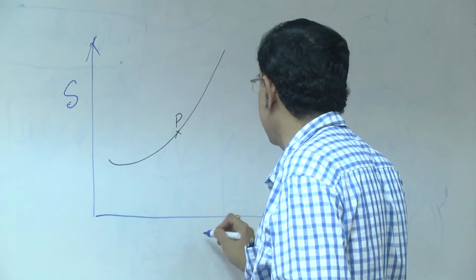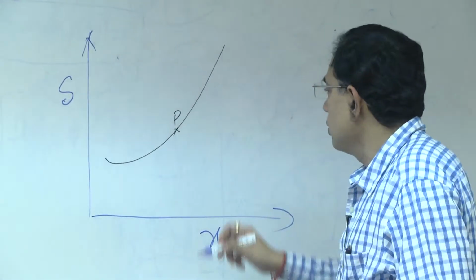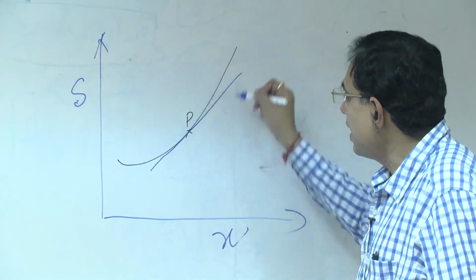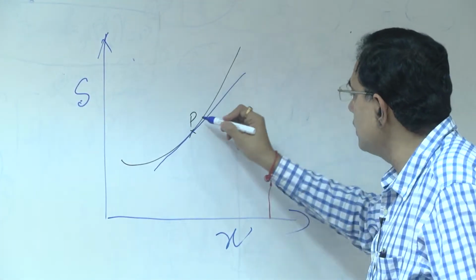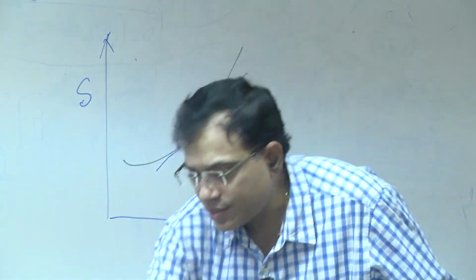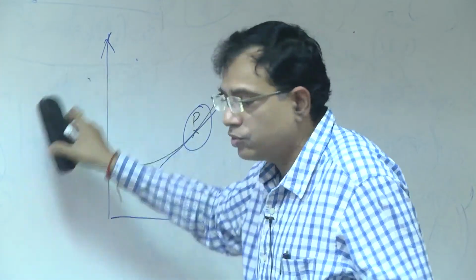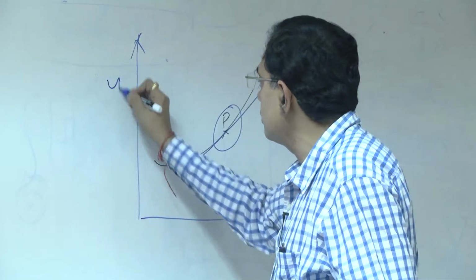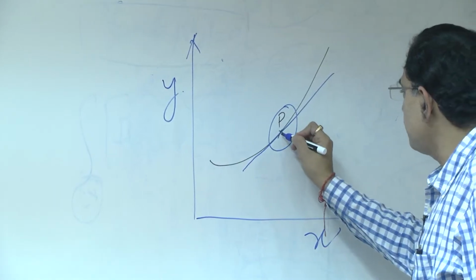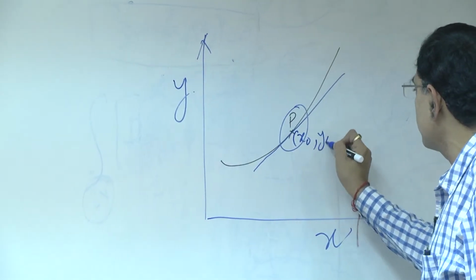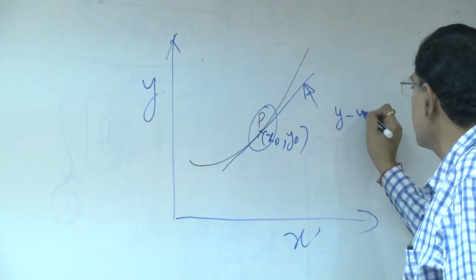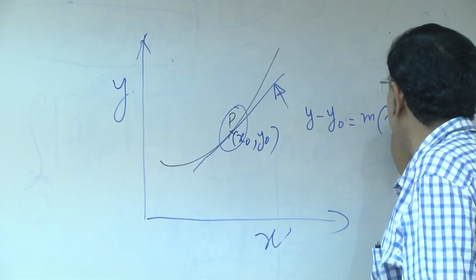So, let us say this is S versus x. You take this line which is approximating this; maybe overall globally it is incorrect, but locally it may be alright. Or instead of S versus x I write y, because you can relate it with the coordinate geometry you have learnt in school. Let us say this point is x naught, y naught. What is the equation of this straight line? y minus y naught is equal to m into x minus x naught, right.